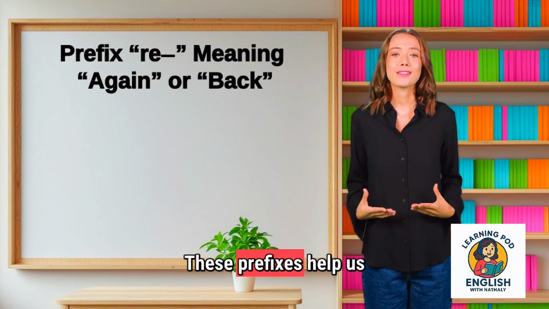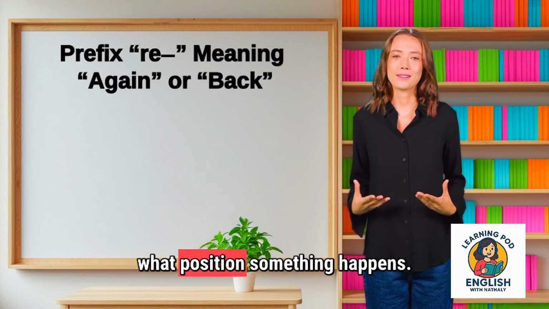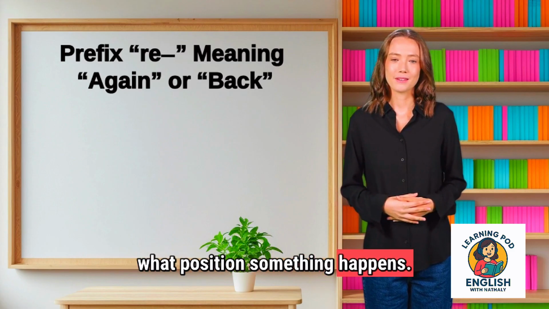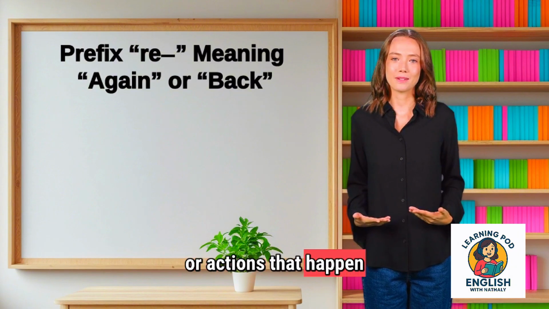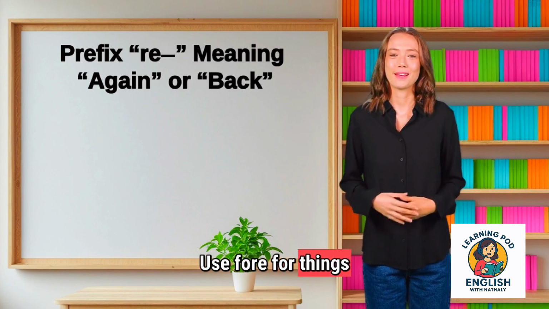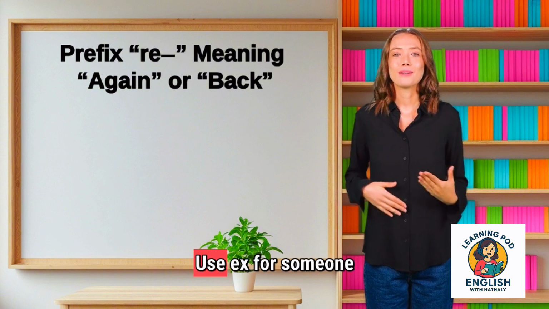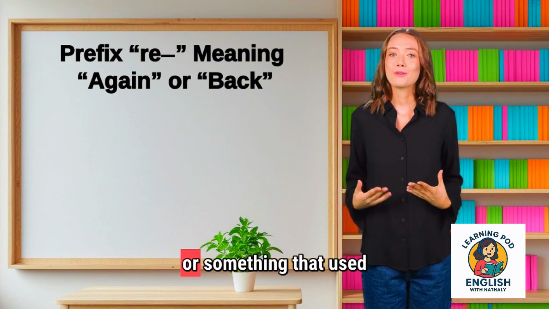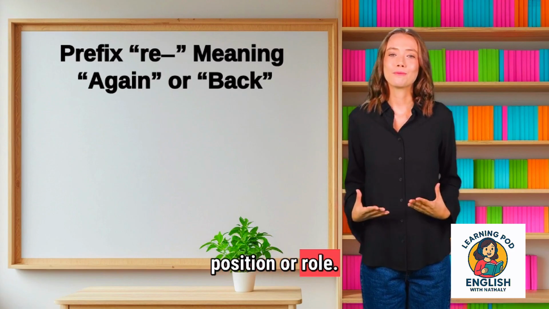These prefixes help us understand when or in what position something happens. Use pre for events or actions that happen earlier. Use for for things that come before or in front. Use ex for someone or something that used to be in a position or role.